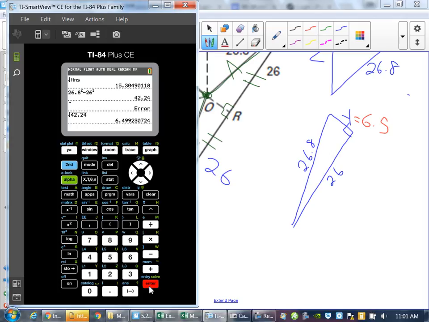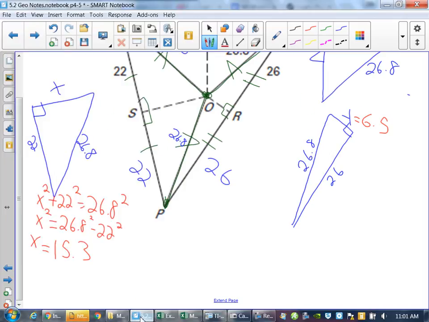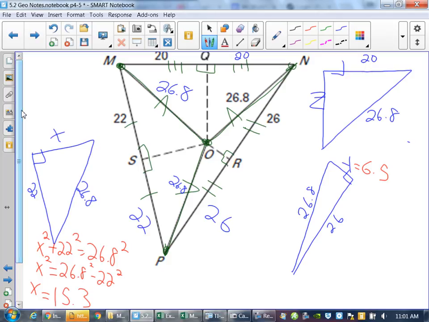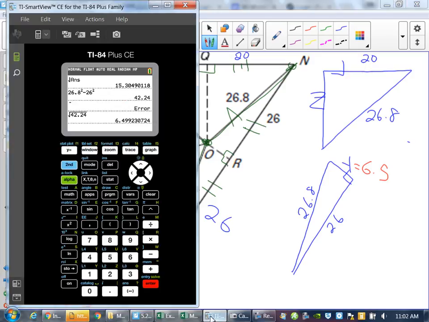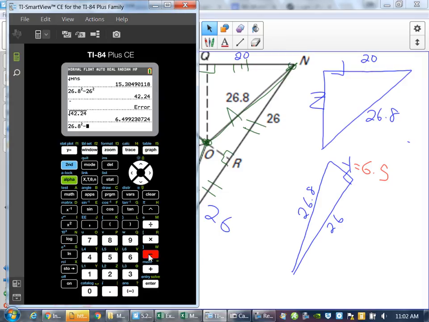If you're not getting these answers, let me know. What was the last one? 20. The last one was 26.8 minus 20. 17.84 is what I'm going to get on that one.